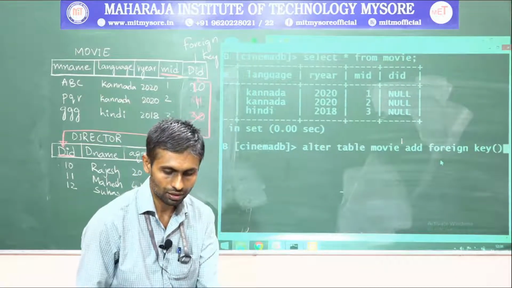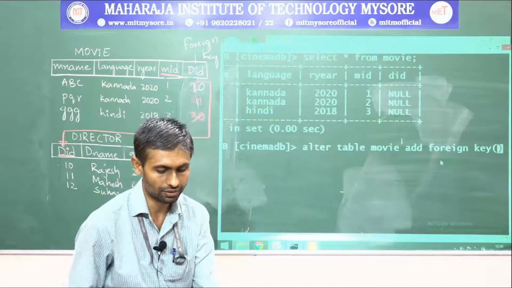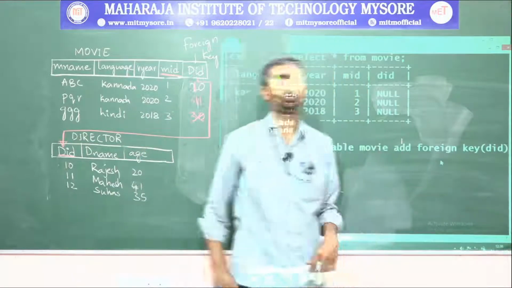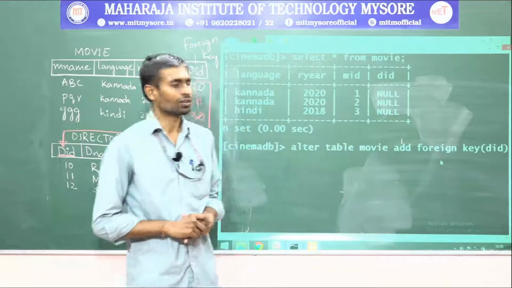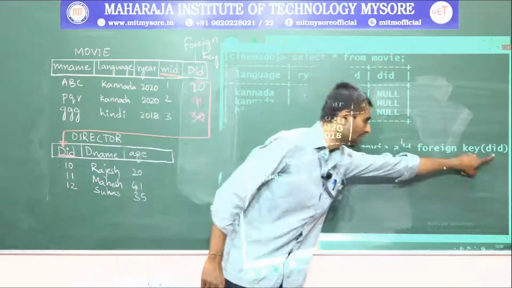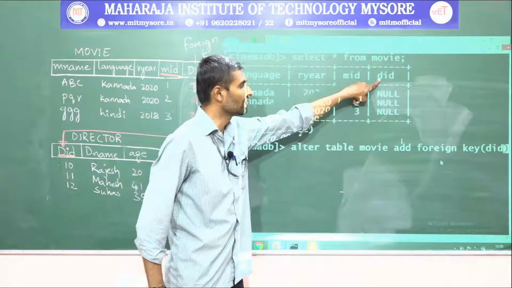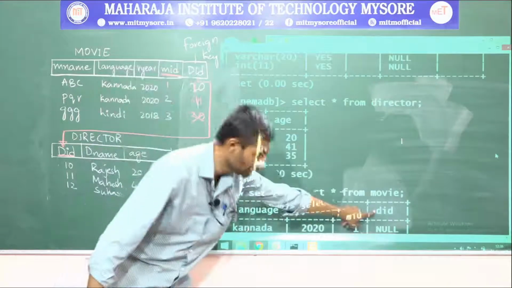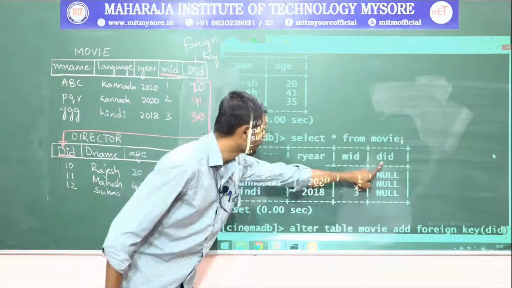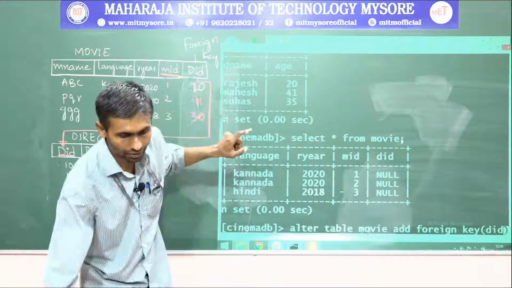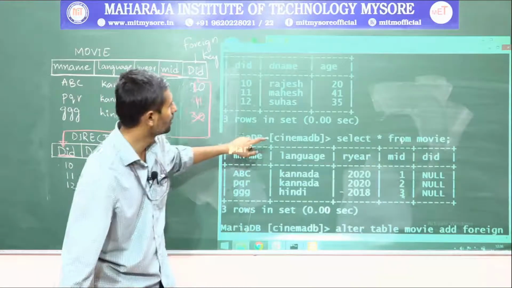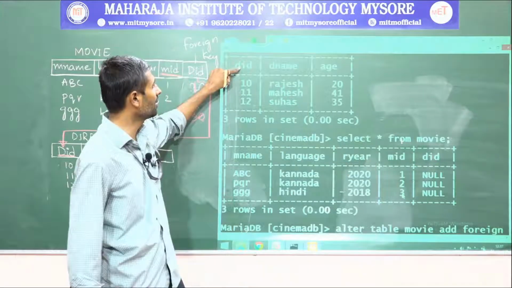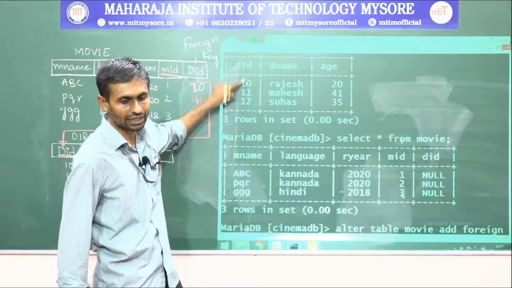Of which attribute do I want to make a foreign key? DID. Is only mentioning foreign key of DID enough? No, guys. Why? We should say, hey DID, you should take the values which are present in the director table. The movie table DID should take only the values present in the director table DID column, right?